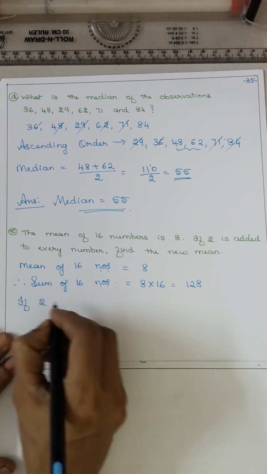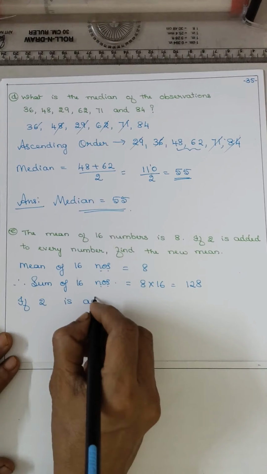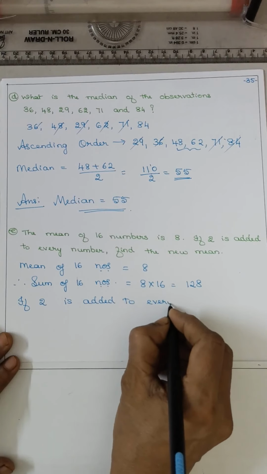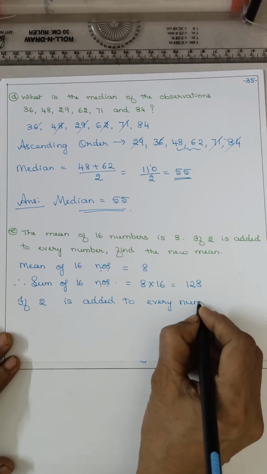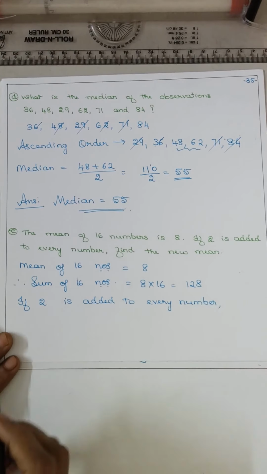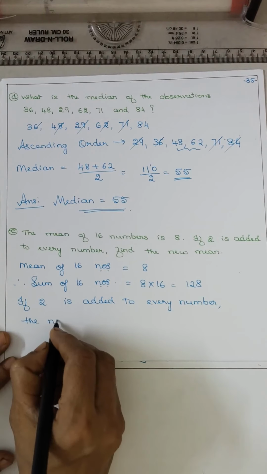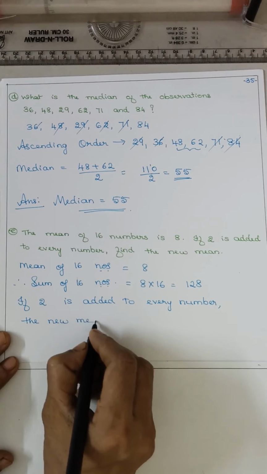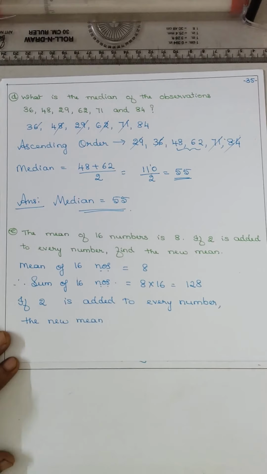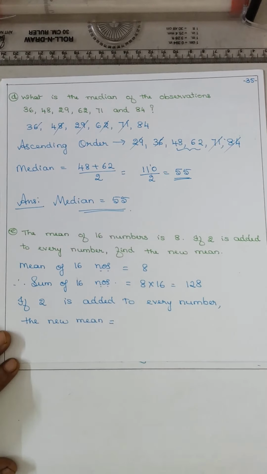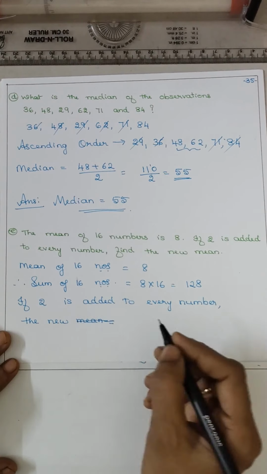Now the next step, what they have told, if 2 is added to every number, right? If 2 is added to every number, we don't know which are the numbers, and we can't go on adding the numbers. 16 numbers are there. So the new mean, for that the method is, if 2 is added to every number, the new mean is equal to, first we have to write the new sum.